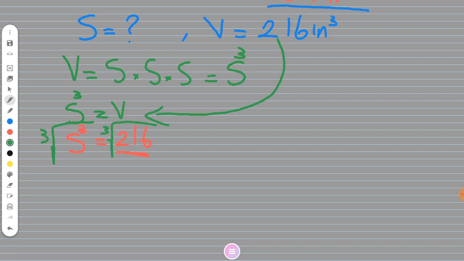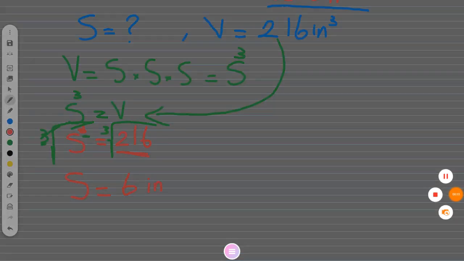The cubic root of S to the power 3 cancels out, so I have only S equals the cubic root of 216, which we said before is 6. So the answer is 6 inches. The side length of the cube will be 6 inches. Let's move to another question.